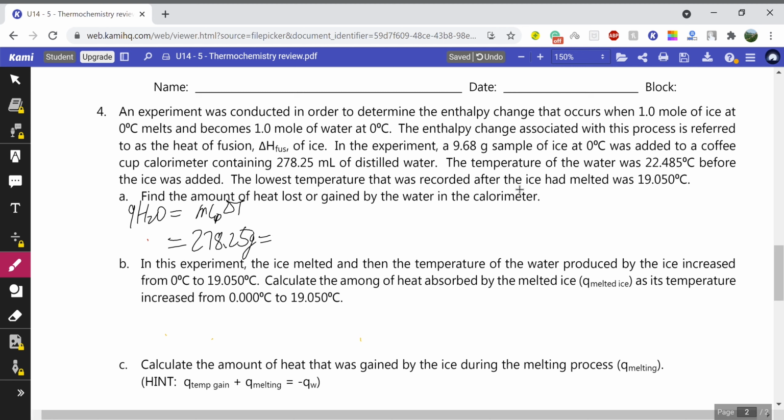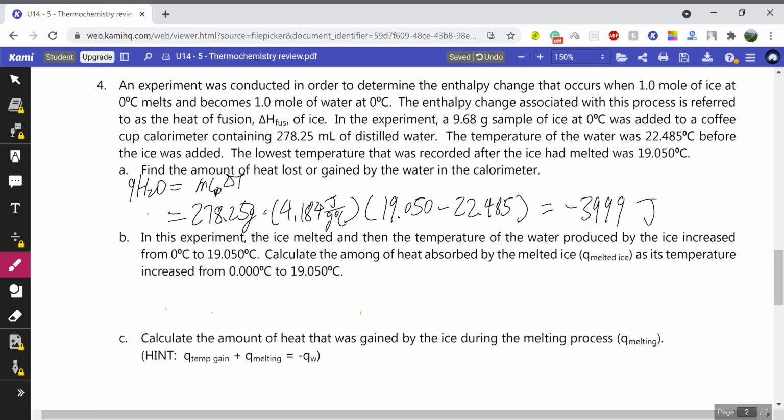It's multiplied by Cp of water, which is 4.184 joules per gram degree Celsius, multiplied by the change in temperature, which is 19.050 degrees Celsius after and 22.485 degrees before. This will give us 278.25 times 4.184 times 19.050 minus 22.485. We get negative 3,999, and this is going to be joules.